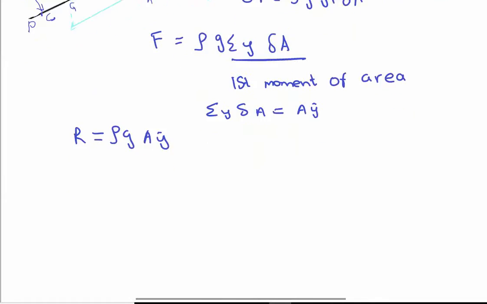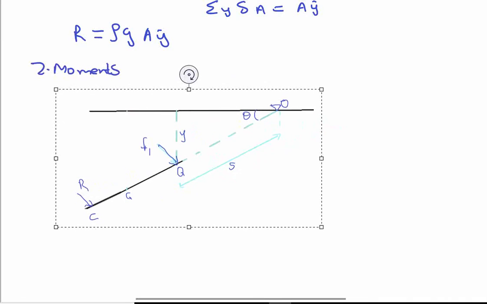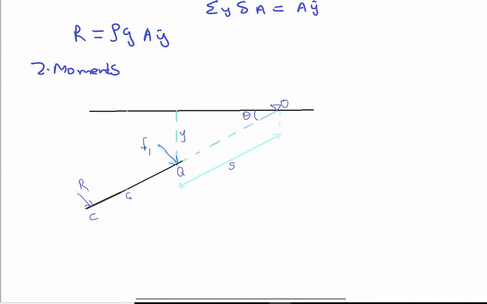The second thing I'm going to do is to find the moments acting at the point C. The moment acting at the point C will first of all be R times the length, which is OC. Now to find the moment at the point Q, that element, the moment about that element will be the force, which is pressure times area, times the distance, which is S, as I've written.